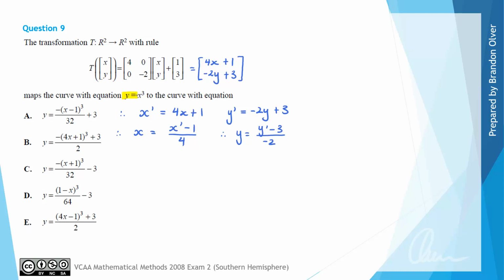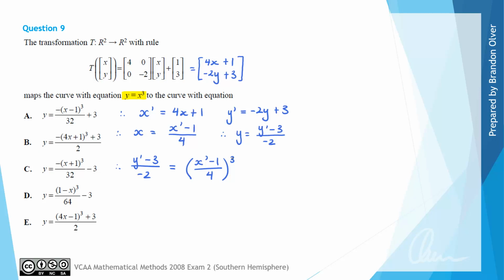Next, we look back to our original rule, which was y equals x cubed. Wherever there's a y, we replace it with y dash subtract 3 on negative 2. Wherever there's an x, in this case x cubed, we replace x with x dash subtract 1 over 4, so we have that fraction cubed. Then we want to get y by itself and simplify it to be one of these options.